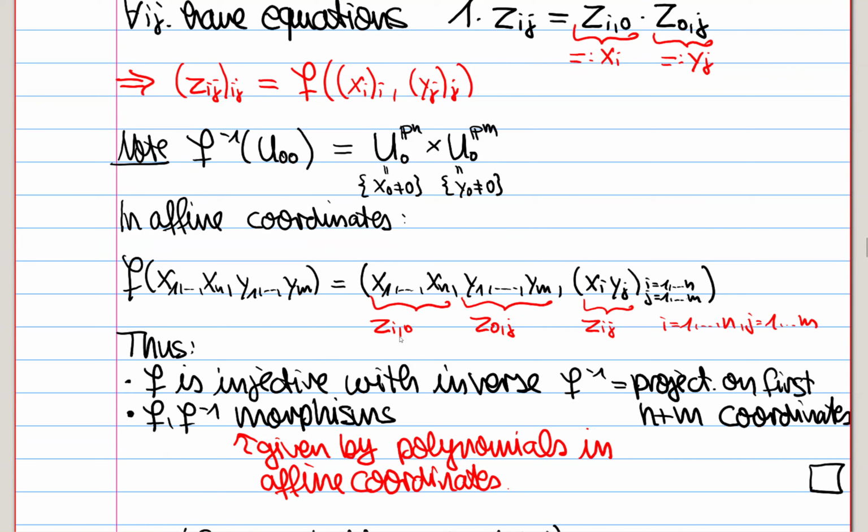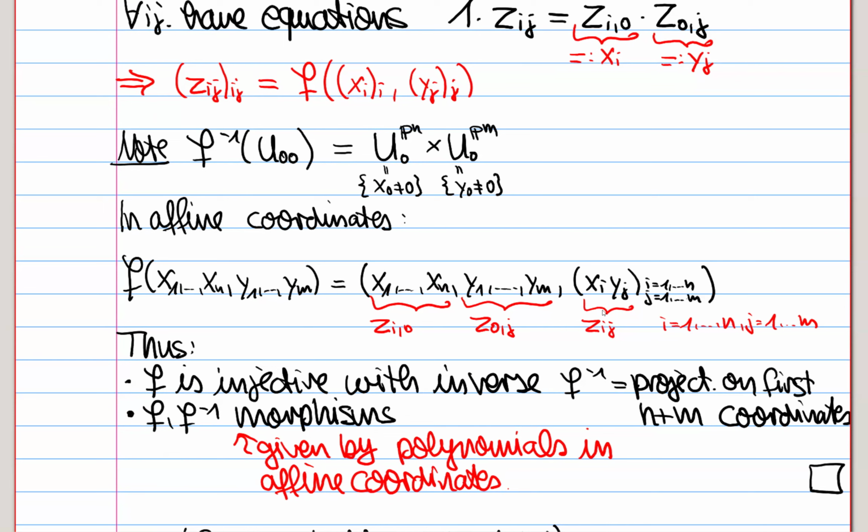And then, well, we have these z_{i0}s where we multiply these things with y_0 equals 1. And then we have some coordinates where we multiply the y_j's by x_0, namely 1. And then we have these mixed products here as before. And so in these affine coordinates, the map has a very simple form.